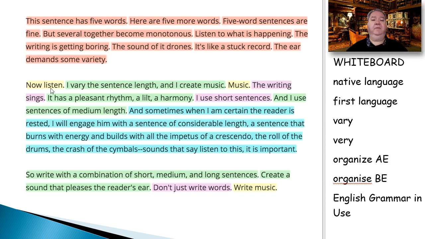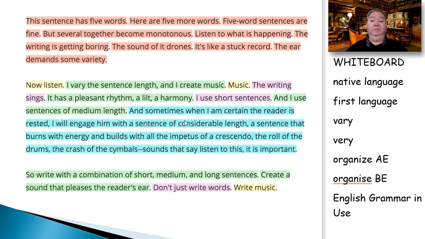Now listen. I vary the sentence length, and I create music. Music. The writing sings. It has a pleasant rhythm, a lilt, a harmony. I use short sentences, and I use sentences of medium length.